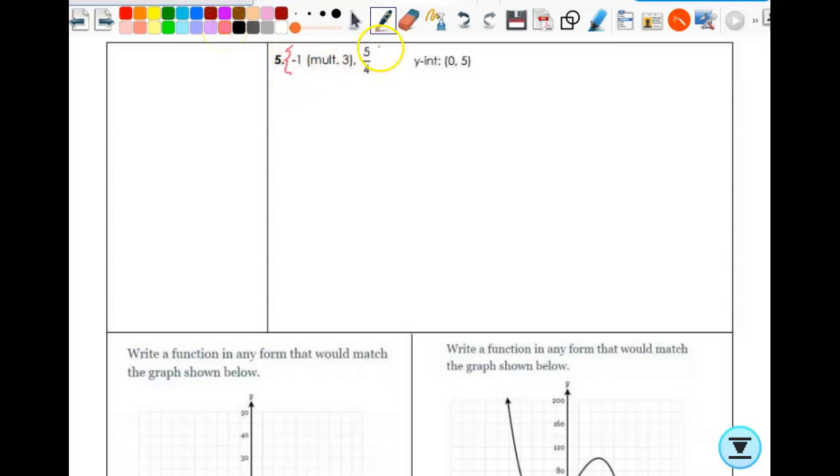these are my zeros. So f of x is equal to a times x plus 1 to the 3rd power, right, because I have that multiplicity of 3. And then that 5/4 gives me what? 4x minus 5. So 5 is equal to a times 1 cubed times negative 5.